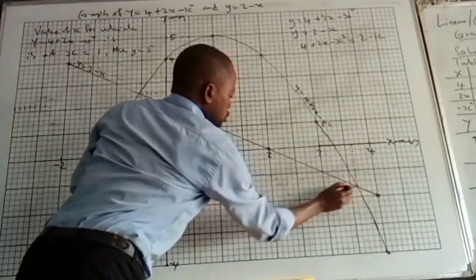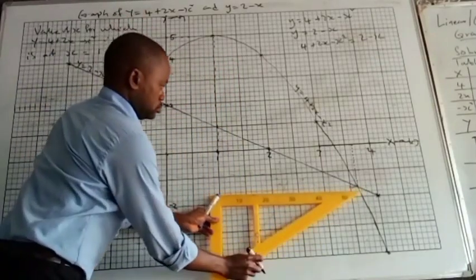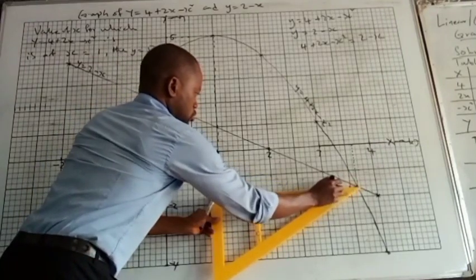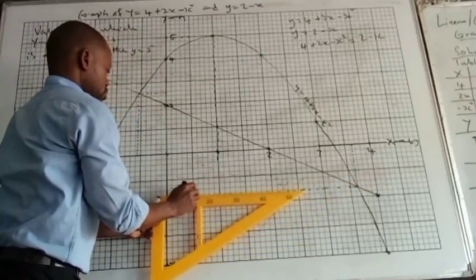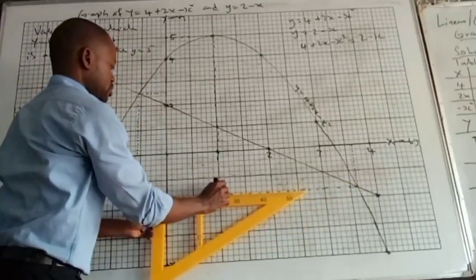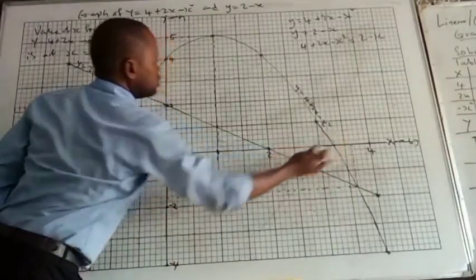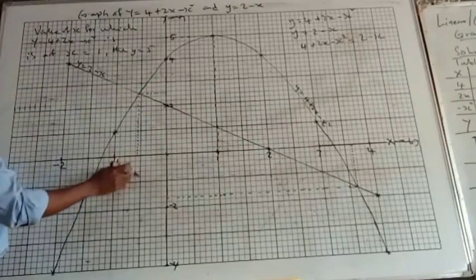Follow it again, come to the y axis and determine the value of y there. The value here and the value here will give you the pair for that one. The value here and the value here will give you the pair for this one.